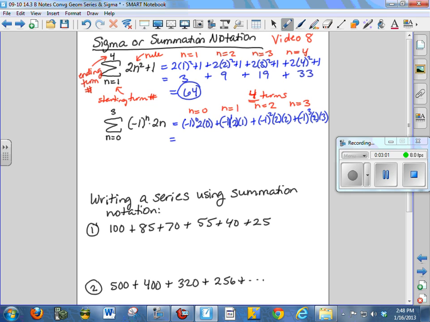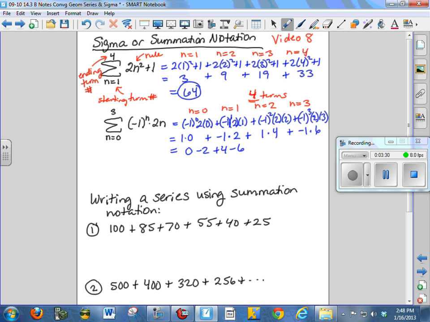So negative 1 to the 0 is just 1, and so this is 1 times 0. 2 times 0 is 0. Plus negative 1 to the first is negative 1 times 2. Plus negative 1 squared is a positive 1 times 4. Plus negative 1 cubed is a negative 1 times 6. So we have 0 minus 2 plus 4 minus 6.